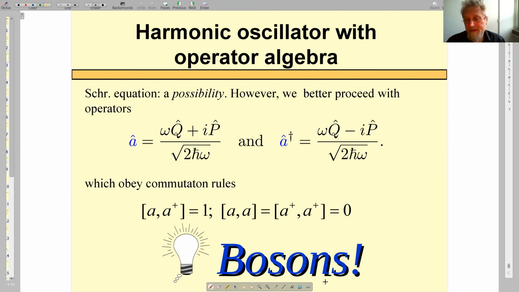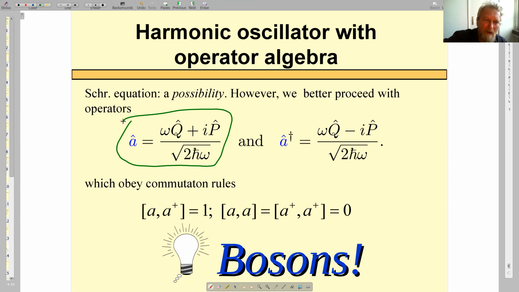Sure, and the suggestion is that we better proceed with operators which we already know in the course of quantization trick for the oscillator. So let me define an operator like this. This is not a self-conjugated operator, right? It kind of has a real Hermitian and imaginary anti-Hermitian part.